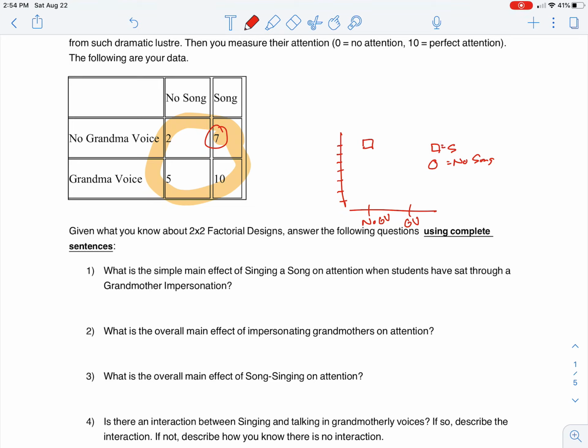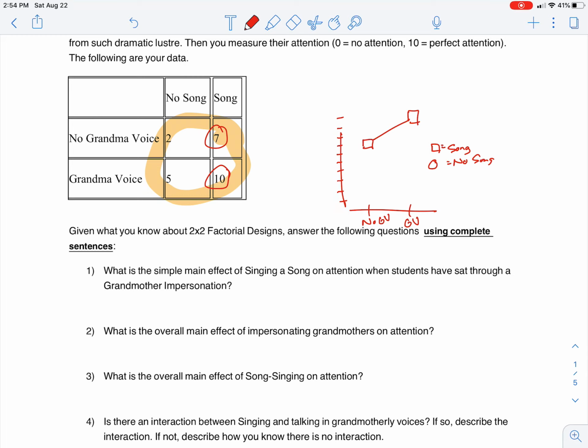In the grandma's voice song condition, what I'm going to do is graph a 10. 1, 2, 3, 4, 5, 6, 7, 8, 9, 10. Grandma's voice song condition, I have a 10. So that's what those two song conditions are going to be graphed out.